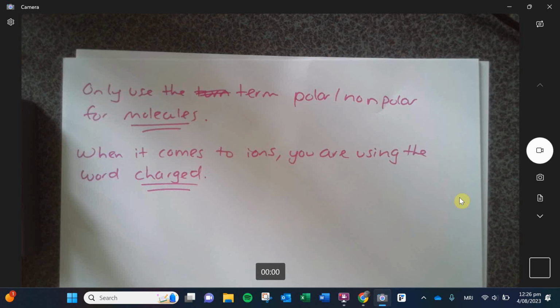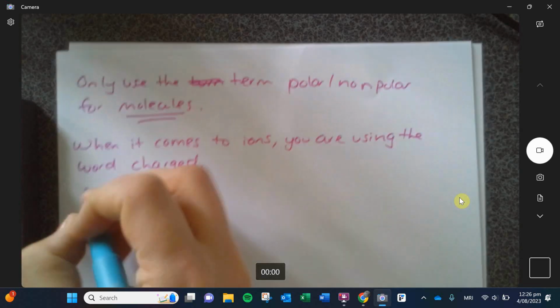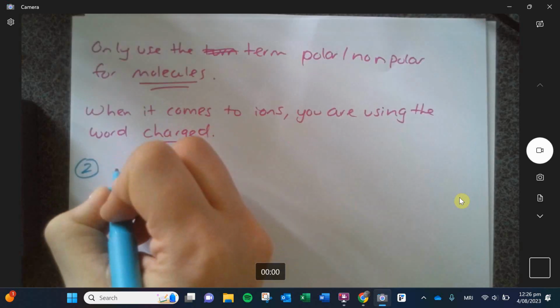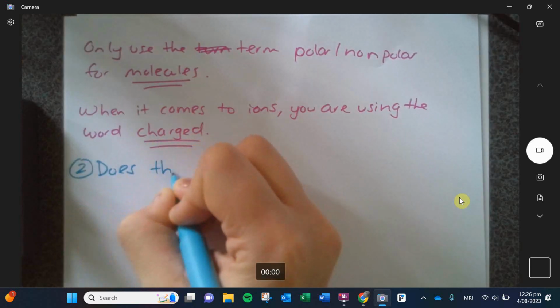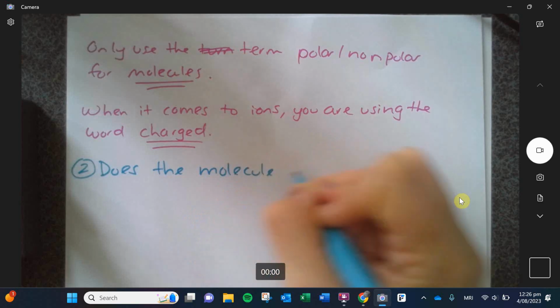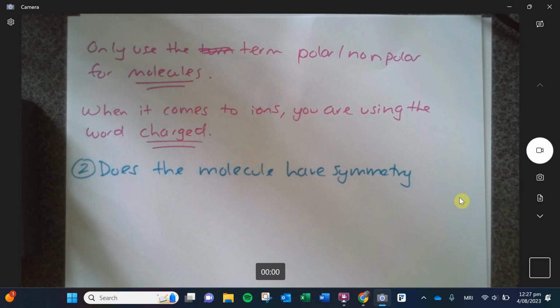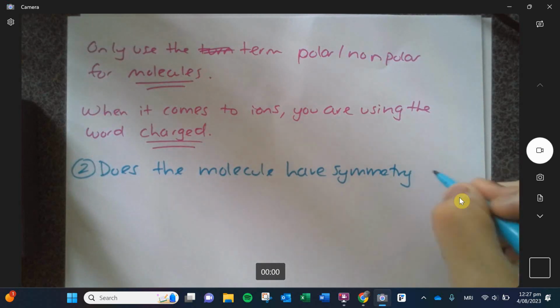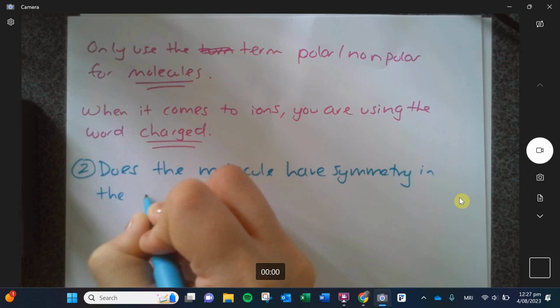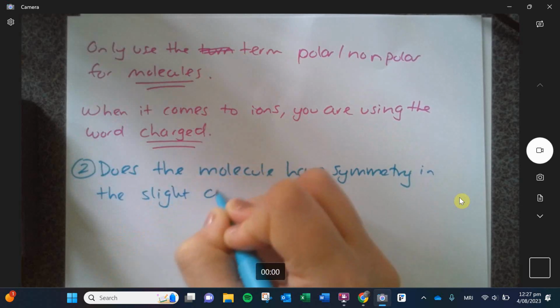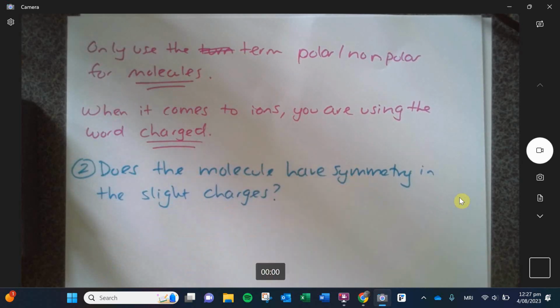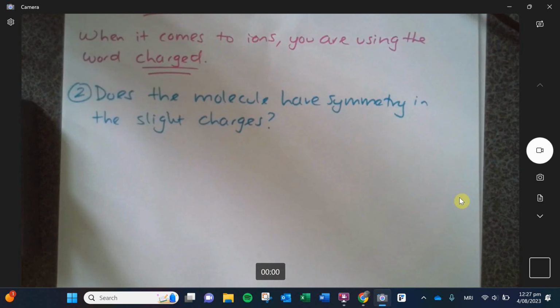Okay? Cool. The next question we have to ask when we're deciding whether or not a molecule is polar is going to be based off of the symmetry. So let's use that example that you guys were talking about.